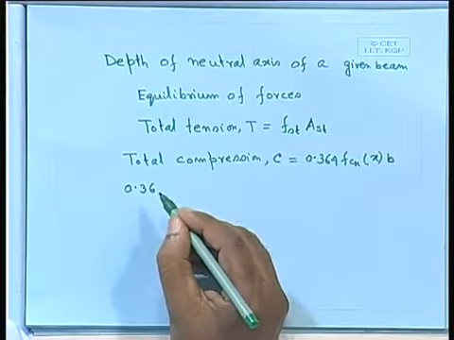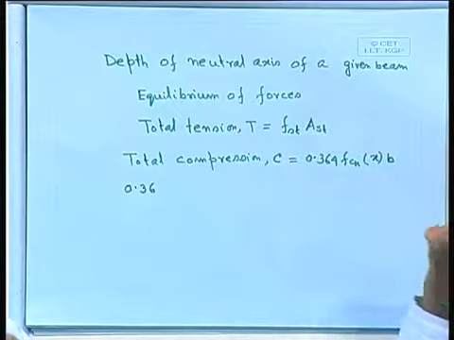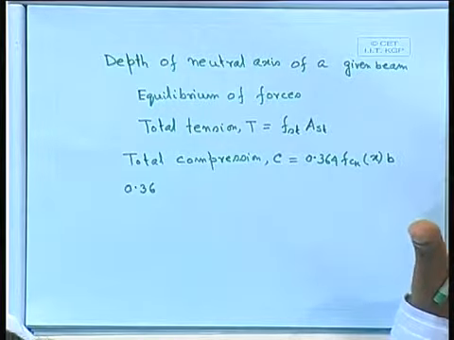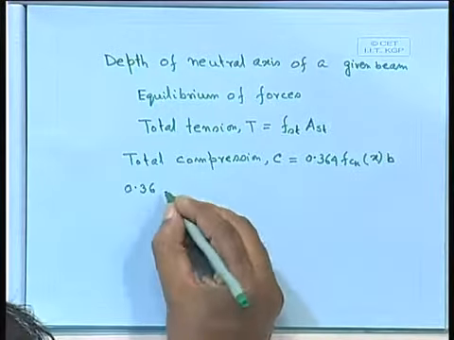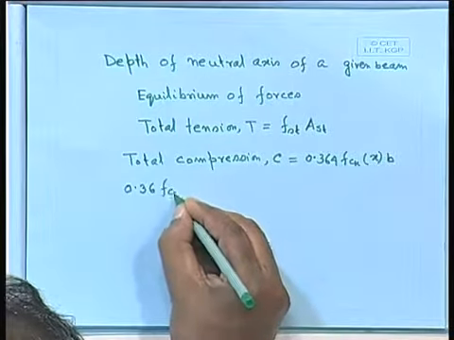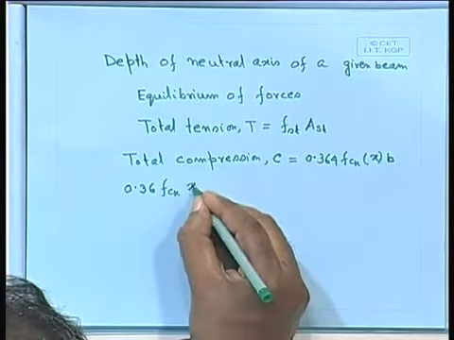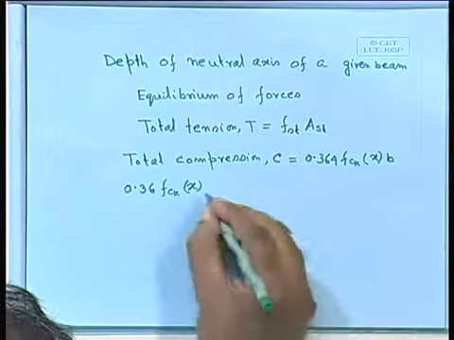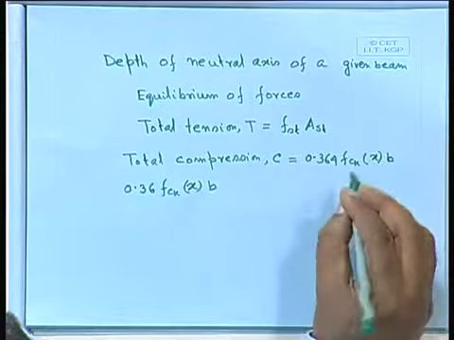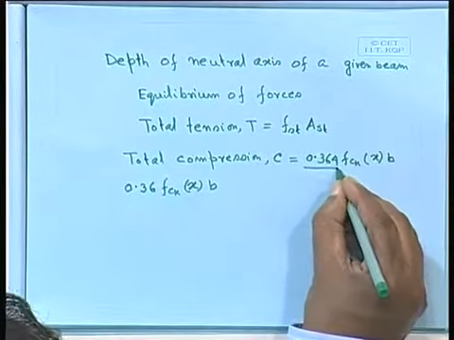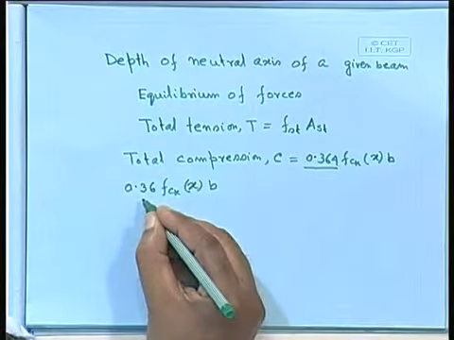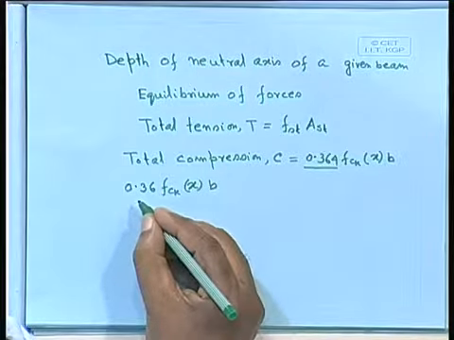We can take it, because that way we are estimating a little less, so that also we consider. So, let us take 0.36 fck xb. Let me underline that we have noted down 0.364 and here 0.36. We are taking a little less value.